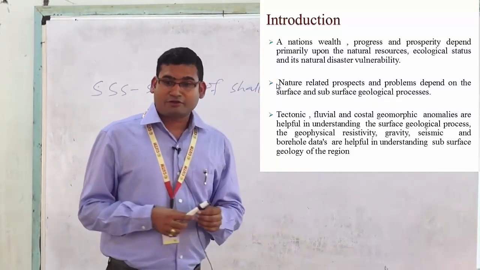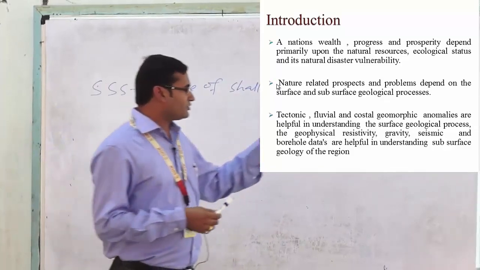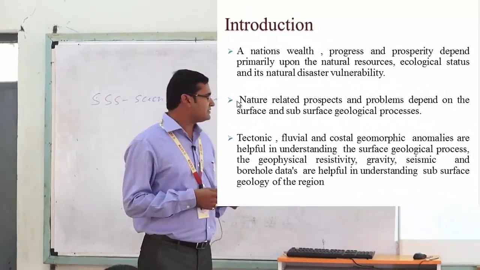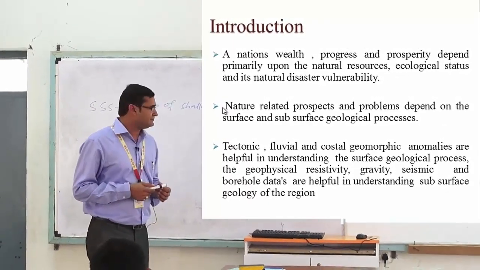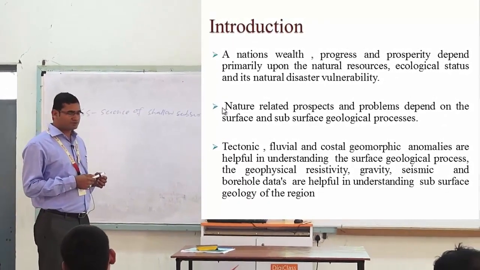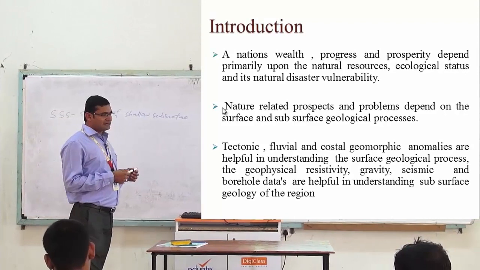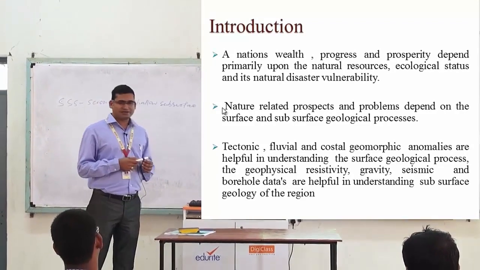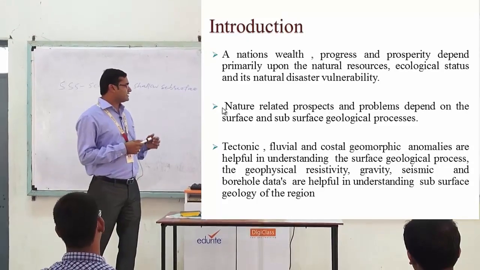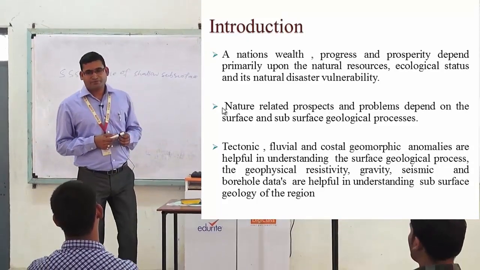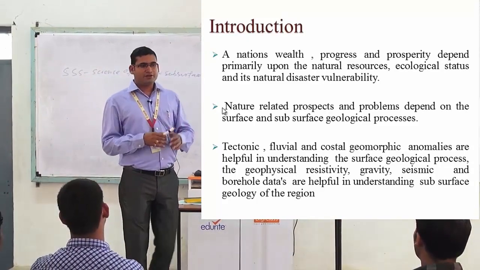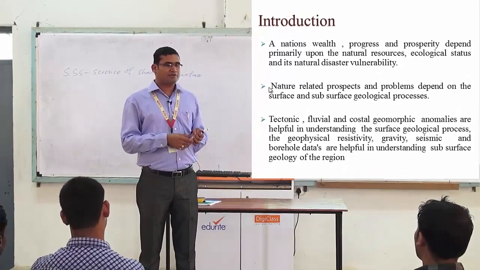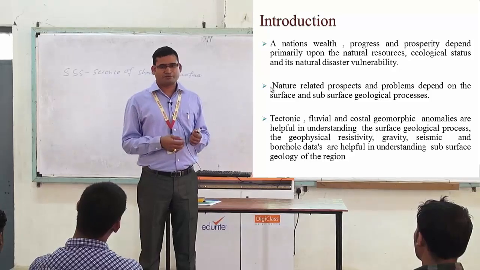Then particularly coming to this case study, the tectonic, fluvial and coastal geomorphic anomalies are helpful in understanding the surface geological processes. Resistivity, gravity, seismic and borehole data are helpful in understanding the subsurface geology of that area. In a particular area, you identify the surface signature if you have a satellite imagery, aerial photograph or any image of that area.